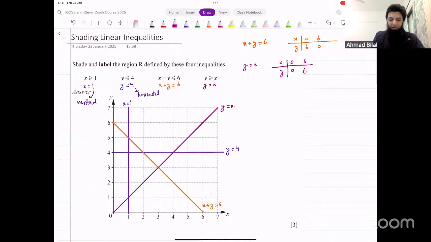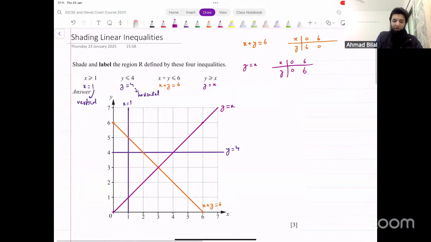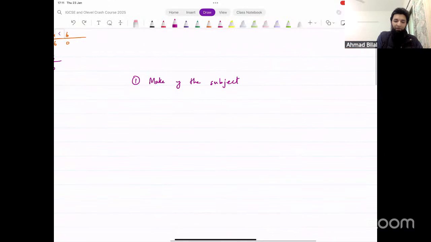I'll talk about the exception in a moment, because there's one inequality that does not have a y in it. But in general, for all inequalities that have a y in them, we make y the subject. That means we bring y to the left side, take everything else to the right side.